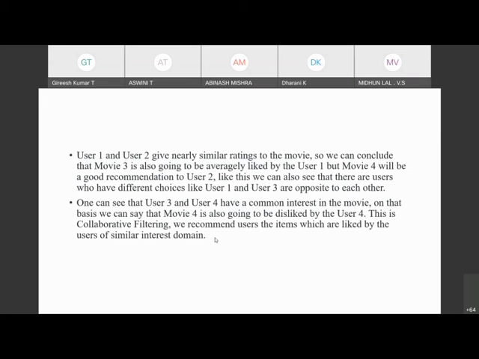We concluded this based on a look, but we need some measures, and that measure should say that these two users are similar or dissimilar. So what are the measures for collaborative filtering? That we have to discuss.